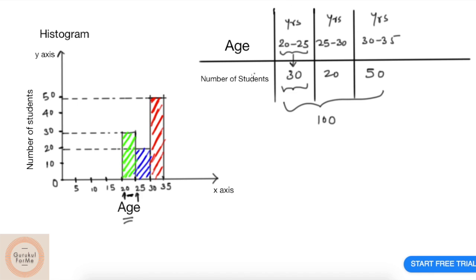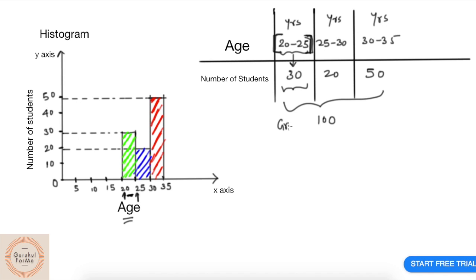This is where the histogram differentiates as compared to a conventional bar graph. Why? Because it talks about a distribution between a range. How is it distributed? And that's what exactly is a histogram. So for example, let's look at the green graph.